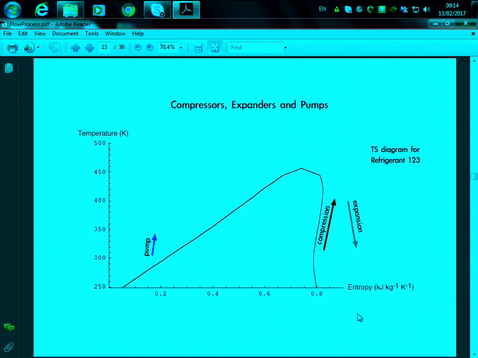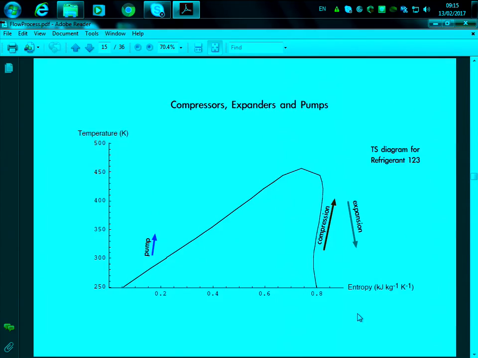In the cases of compression and expansion, normally these processes involve very significant changes in temperature. So you can see how the arrow is a little bit larger. That shows that the changes in temperature will be higher for the same pressure changes.